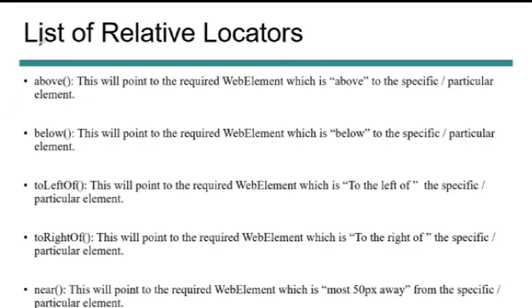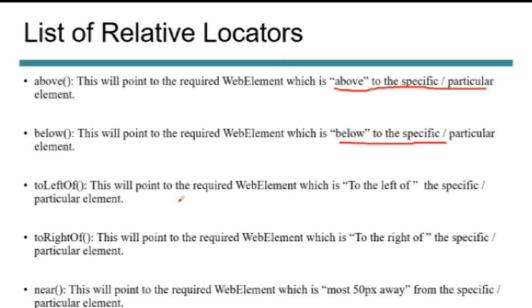Let's have a look at the definitions of each relative locator. First is above. Above will point to the required web element which is above the specific element. Same as below, it will point to the required web element which is below the specific element.